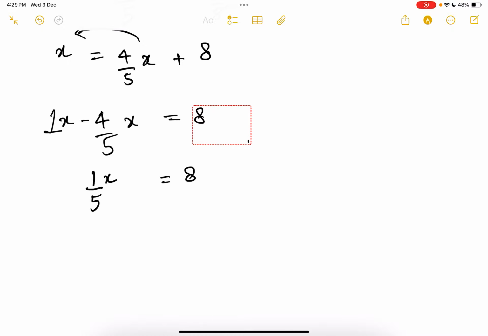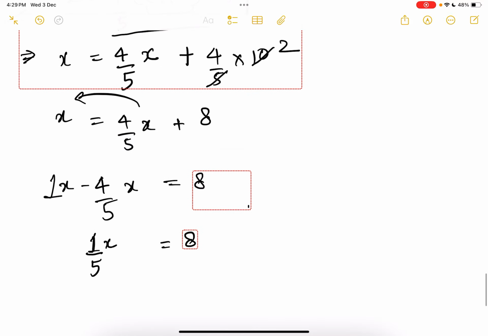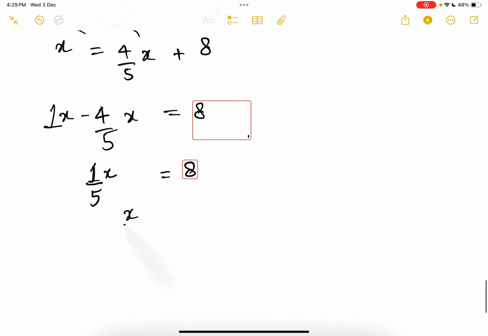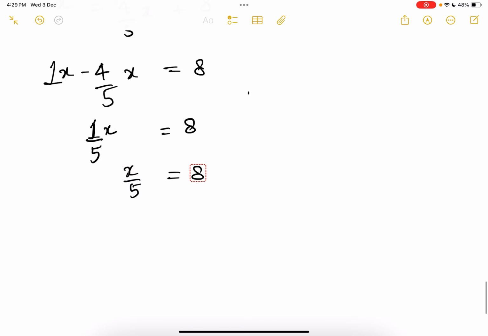So x by 5 is equal to 8. When you don't have anything, it means 1x, which is x only. But we don't want x by 5, we want x. Here we have division by 5, so we will multiply by 5 because we want to make it 1x.